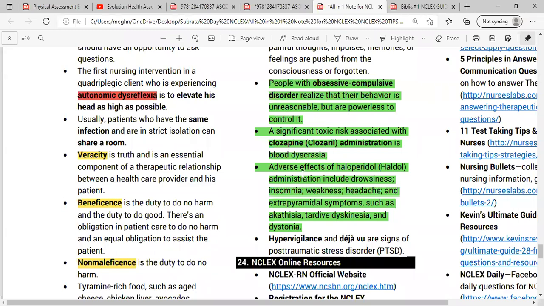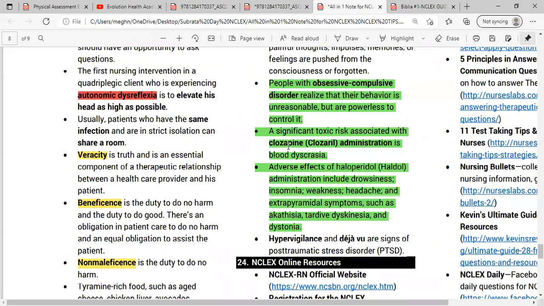So when your client needs to take an atypical antipsychotic like clozapine, we monitor them for agranulocytosis. What does agranulocytosis mean? It is a low WBC count.